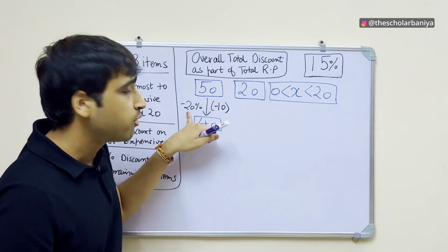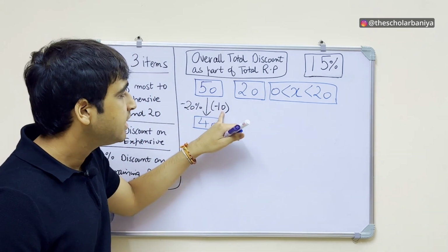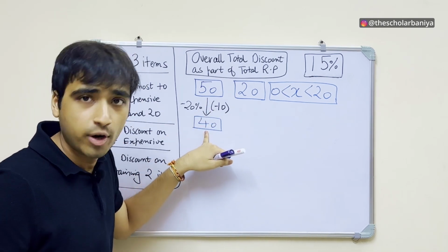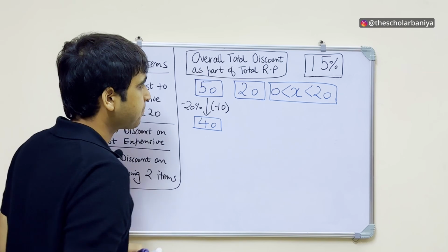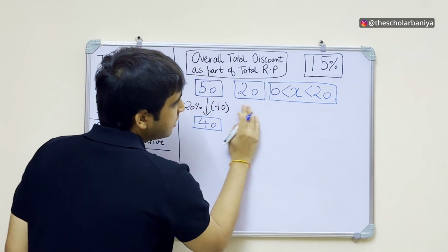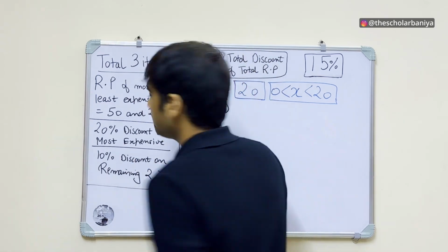So we get a discount of 20%. So 20% of 50 is 10. So that means we get a discount of $10. So the discounted price becomes 40 after discount, right? And we also know that on the remaining 2 items, means on this item and on this item, we get a discount of 10%.